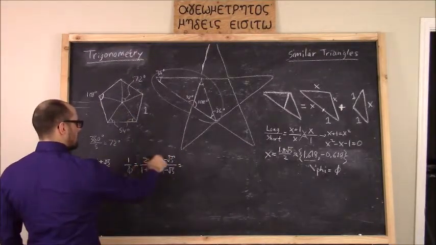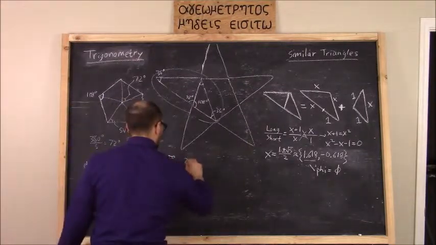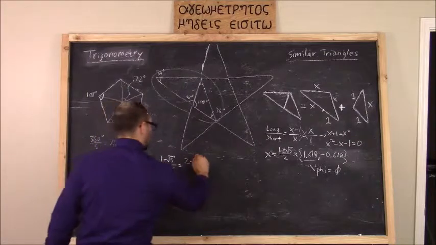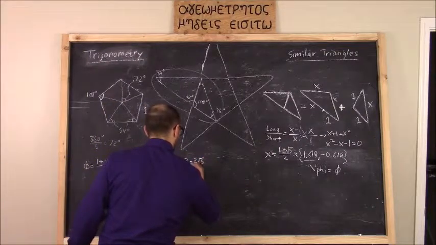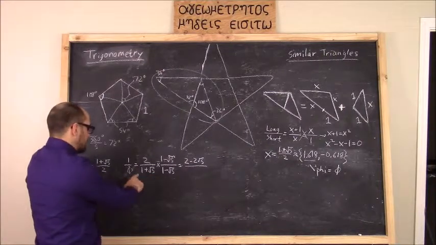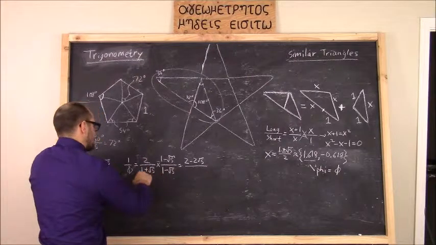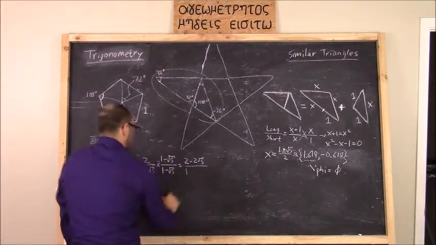So 2 times 1, this is just distributing, 2 minus 2 square root of 5. Okay, down here, it comes back to FOIL. First, outer, inner, last. 1 times 1 is 1.